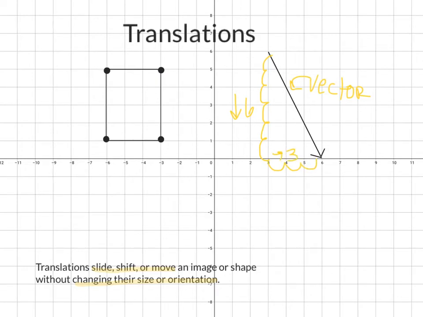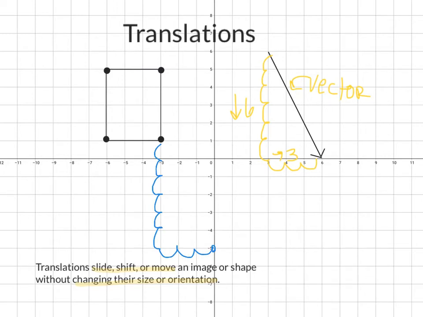That means I need to take each of these points and translate them down 6 units and over 3. So if I look at my first corner, let's focus on the bottom right-hand side, and let's go down 6 and over 3. So here we are, down 1, 2, 3, 4, 5, 6 and over 1, 2, 3.